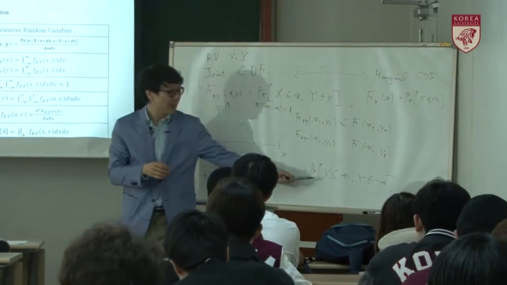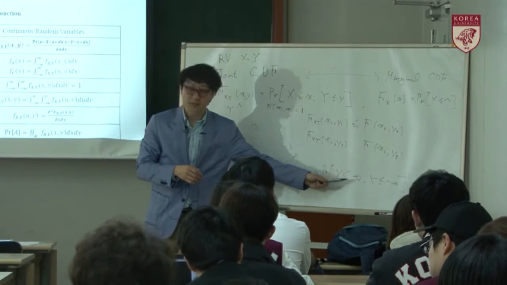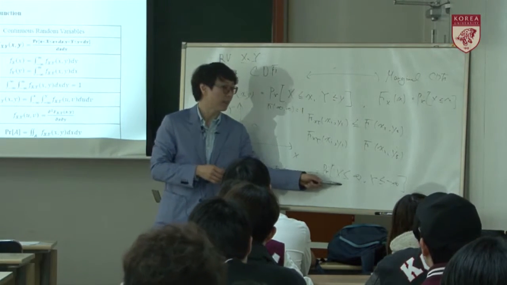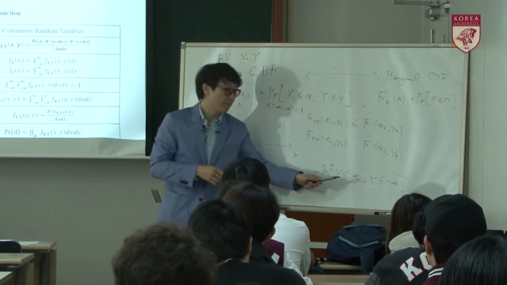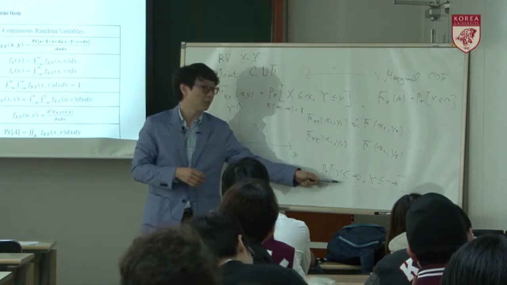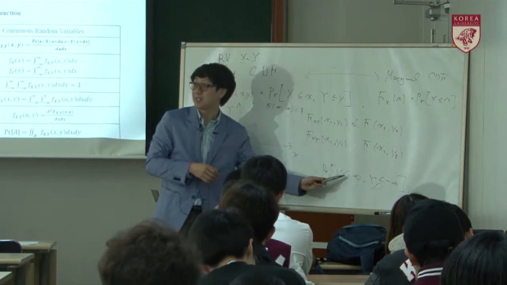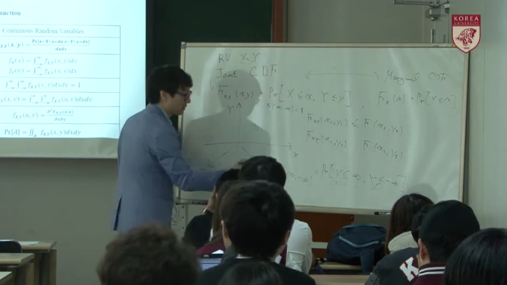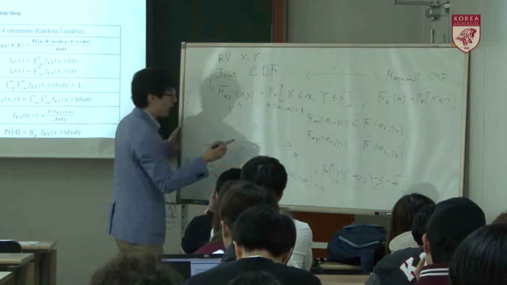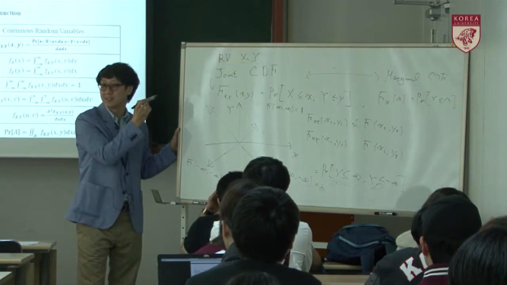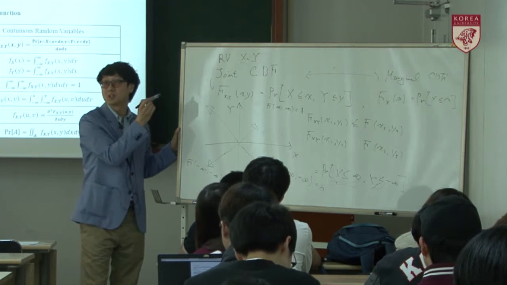Because every x satisfies this one, right? But this probability should satisfy both this and this condition. Every x satisfies this condition, but none of y satisfies this condition. So the end probability is 0. So this point is 0. How about this one? If we go in this direction, it's also 0.